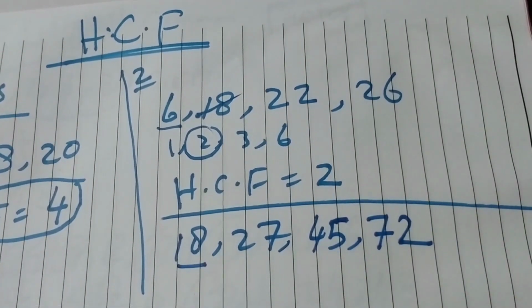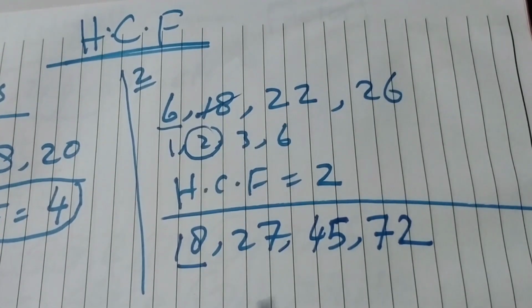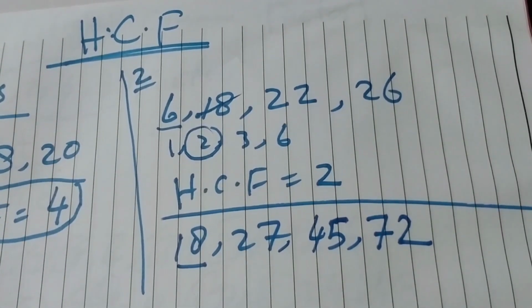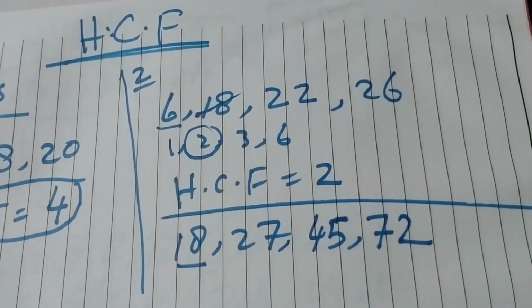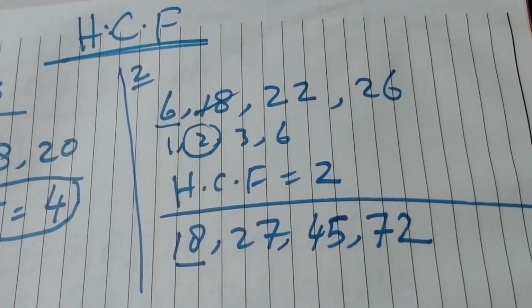Are all numbers divisible by 18 or not? Look, is 27 divisible by 18? No, 27 is not divisible by 18. Is 45 divisible by 18? No, 45 is not divisible by 18. 72 is divisible by 18.